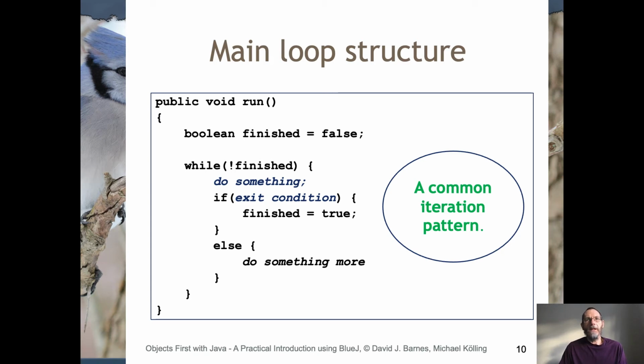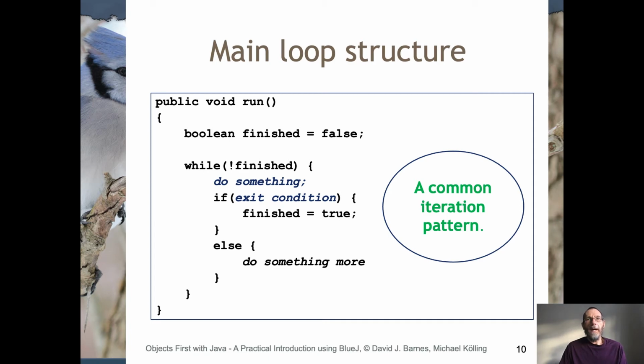So having done something, if the exit condition now applies, in other words, what we just did means that we no longer wish to iterate, then we're going to set the controlling variable to be true, so that next time we come around the loop, we'll leave the loop and carry on with whatever follows. Otherwise, we'll carry on doing the main reason for the iteration.